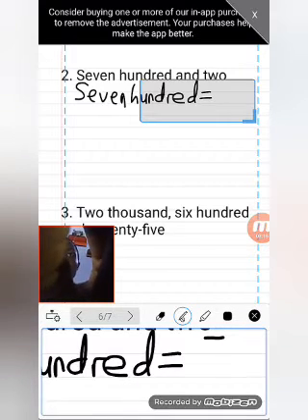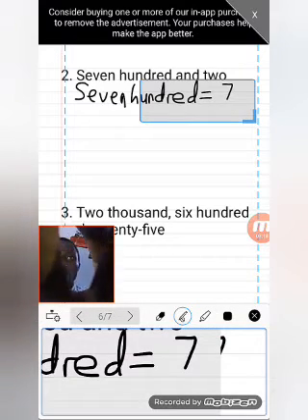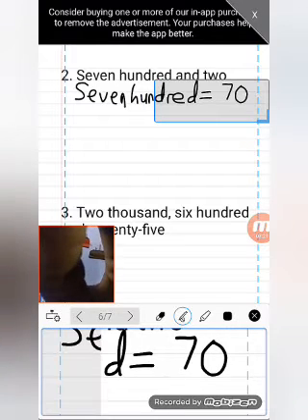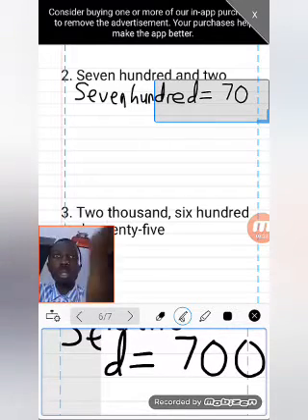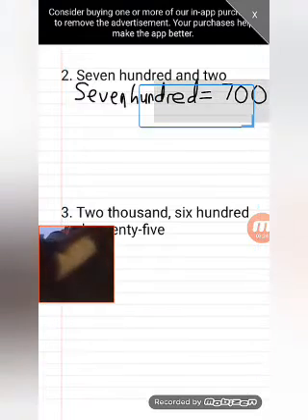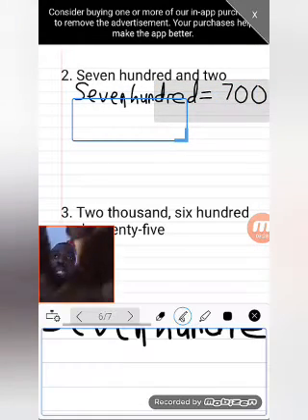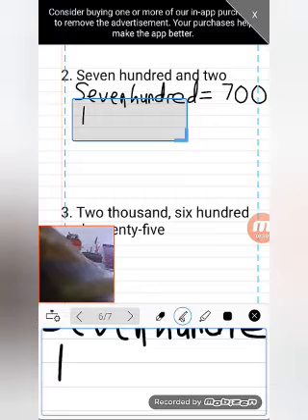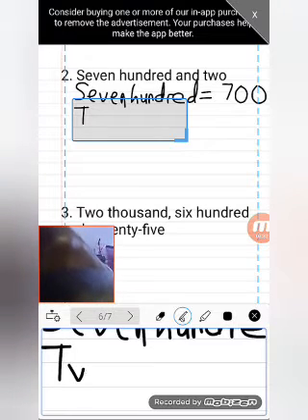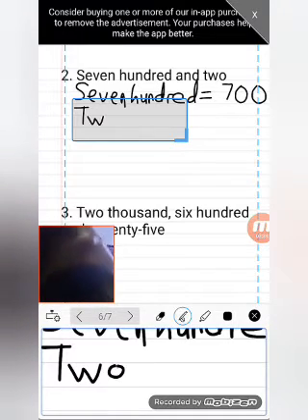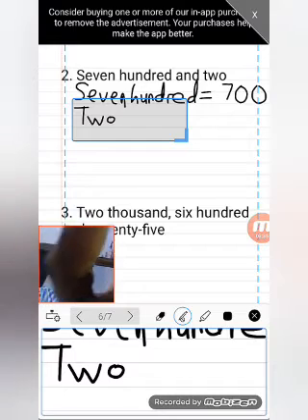So that's 7, 0, then 0. 700, and 2. So the next number we have here is simply 2. So how does 2 look here?